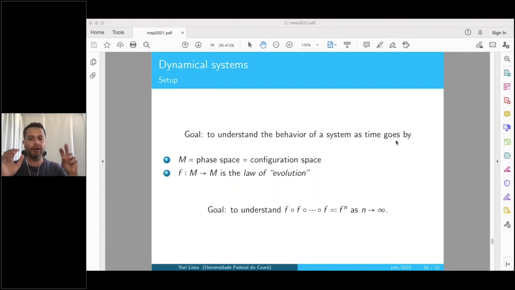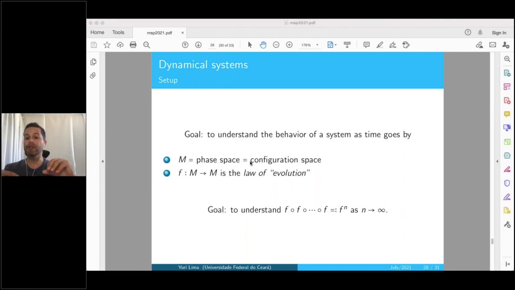The evolution here is not evolution like we think of humans, but it's just how the system behaves as time goes by. Mathematically, in order to do that, you need two objects. The first object, which I call M, is called the phase space or configuration space, and it is just a set in which all possible initial configurations are there.